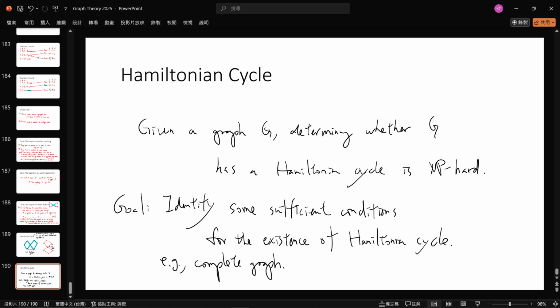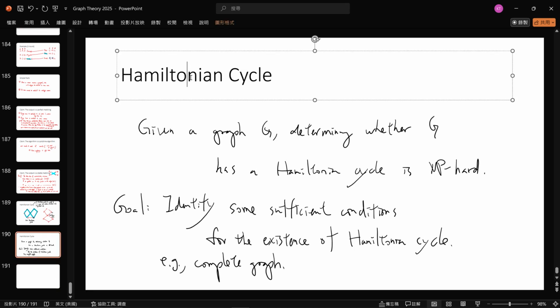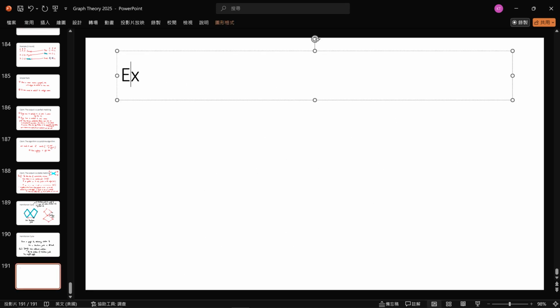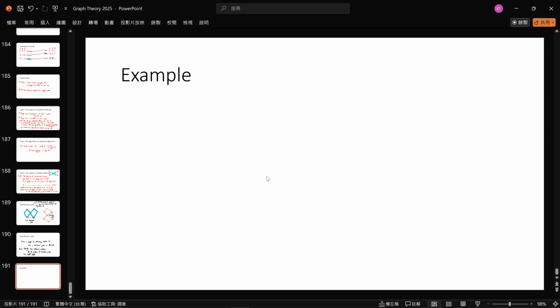Well, not necessarily. It depends on what kind of bipartite graph you have.